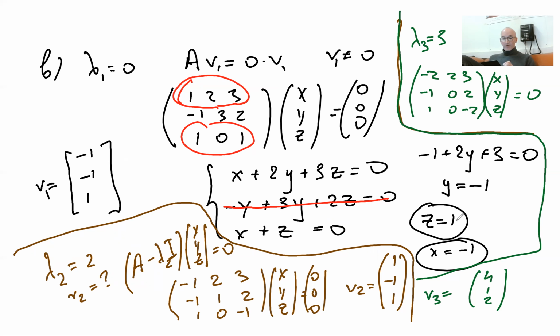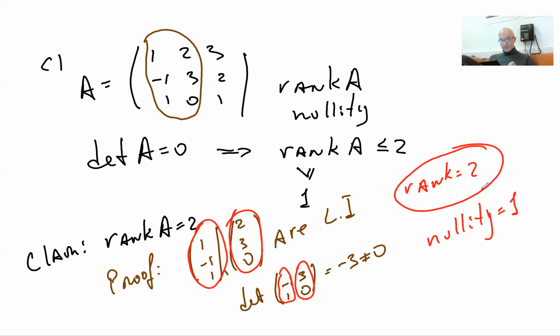If I put lambda instead of 1 here, then x is minus lambda and y is minus lambda. So we already implicitly proved that the nullity is 1. Since the nullity is 1, the rank is 2. Okay. And finally, part D.